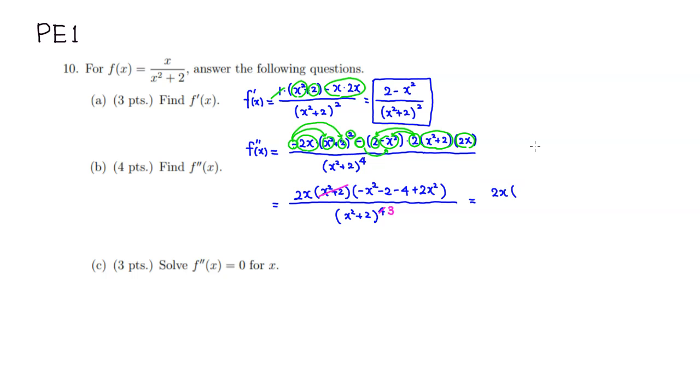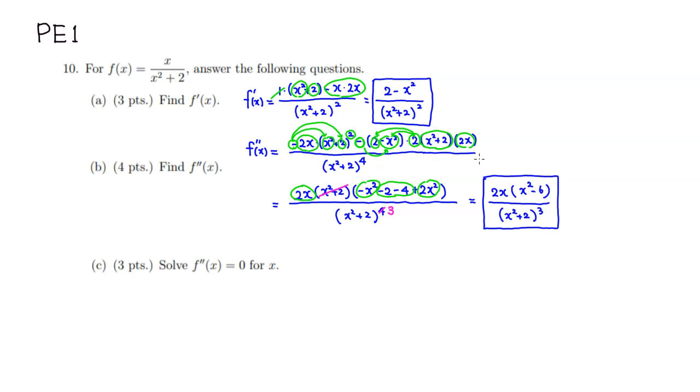Then we put negative x squared and positive 2x squared combined, and you're going to have x squared. Then we combine negative 2 and negative 4, which gives us negative 6. Over the quantity x squared plus 2 to the 3rd power. So this is the second derivative.